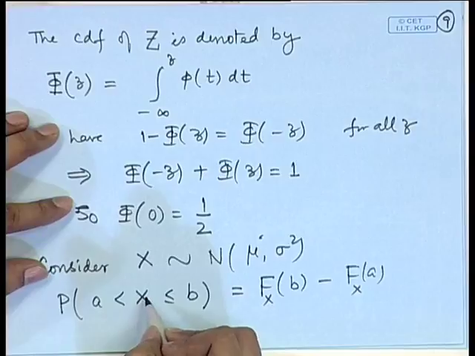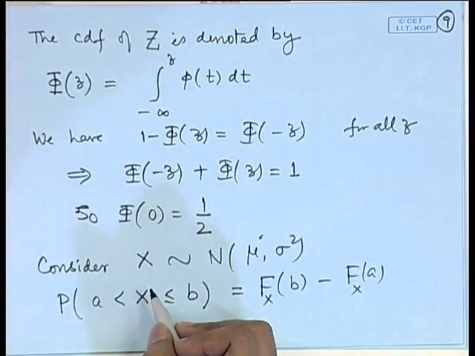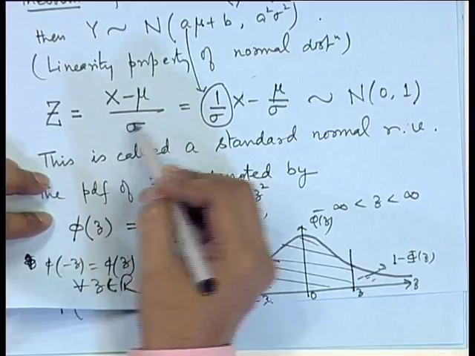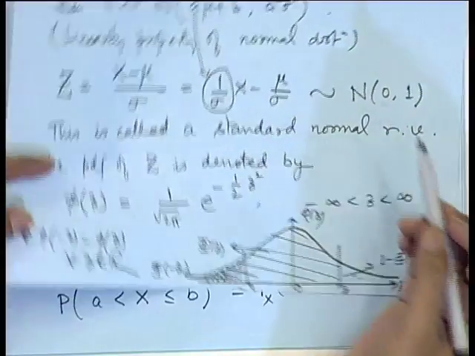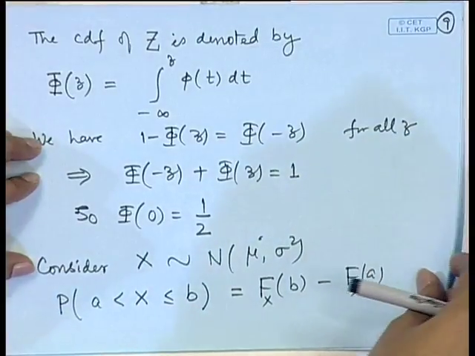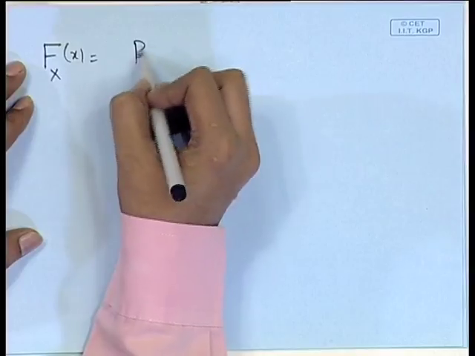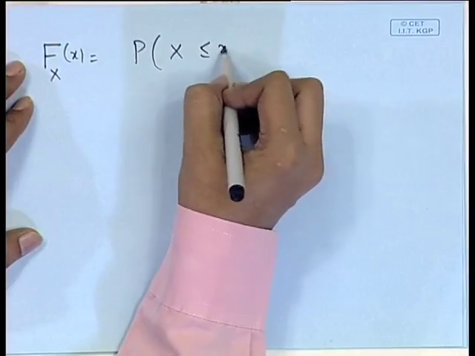However, if we consider the result here that (X minus mu) by sigma will have a standard normal distribution, then this can be shifted to F(x), that is probability of X less than or equal to x.